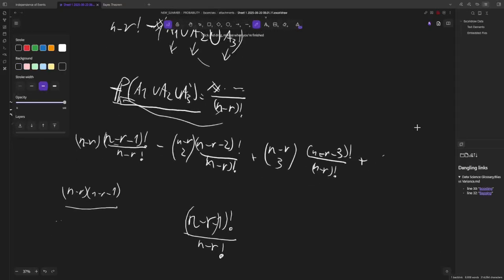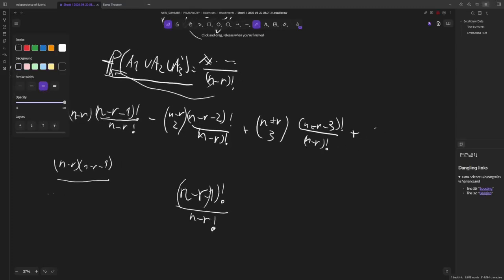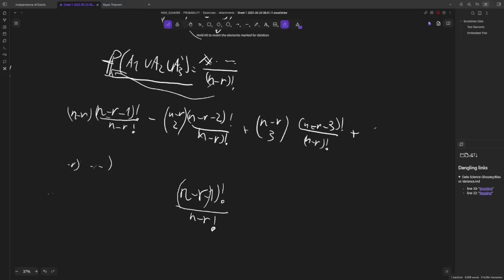Now, we can notice that these combinatory numbers, the expression is n minus r factorial on top.